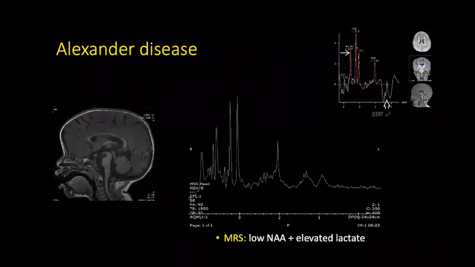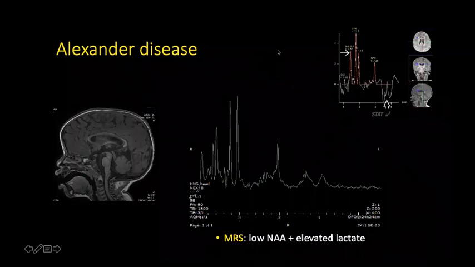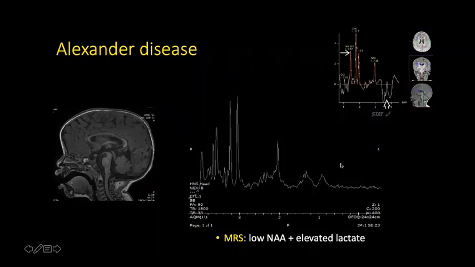With Alexander disease, if we are doing MR spectroscopy, and I put this here just to compare it with Canavan disease, you have low NAA, and that's the choline, creatine, NAA. Normally, the NAA is the highest, and the slope of the curve should go high up toward the NAA. In Alexander, the NAA is low, and then there is a lactate peak.